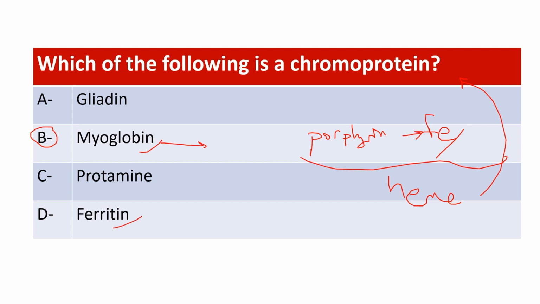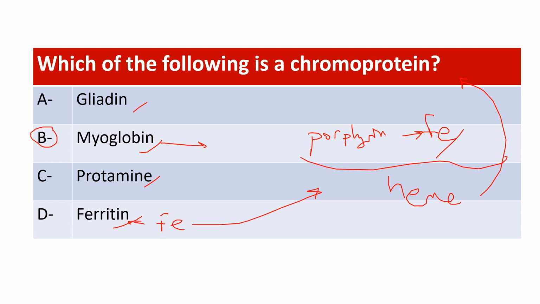What about ferritin, gliadin, and protamine? Protamine and gliadin are simple proteins. They only consist of amino acids. But ferritin is a metalloprotein carrying an iron, but not in the heme form. Ferritin is important in iron metabolism. It stores iron and releases it in a controlled fashion.